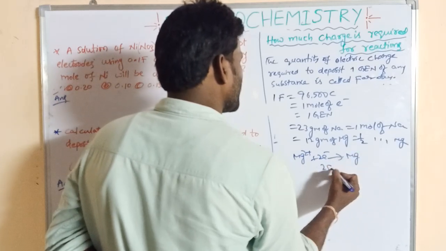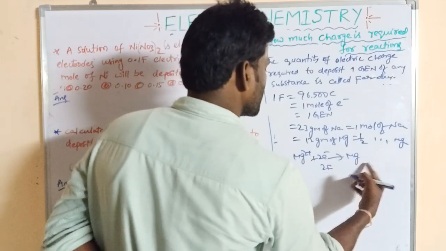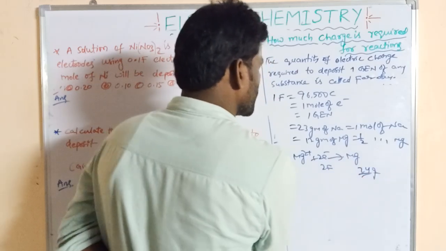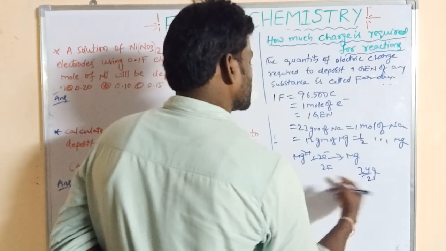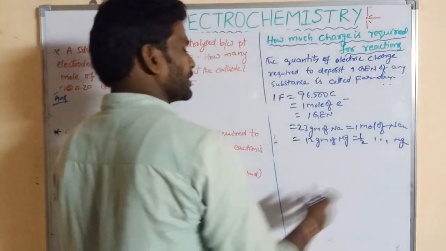It requires 2 Faradays. What is the gram molecular weight of 1 mole of Mg? 24 grams. So for 2 Faraday, 24 grams; for 1 Faraday, by 2, that means 12 grams. Its number of moles is also 1 by 2.